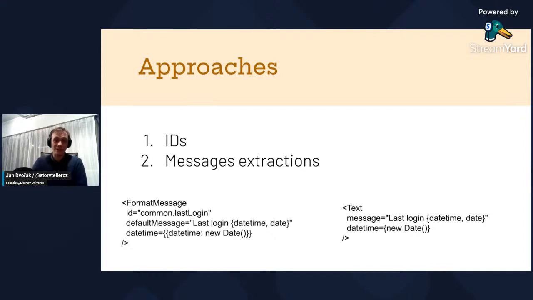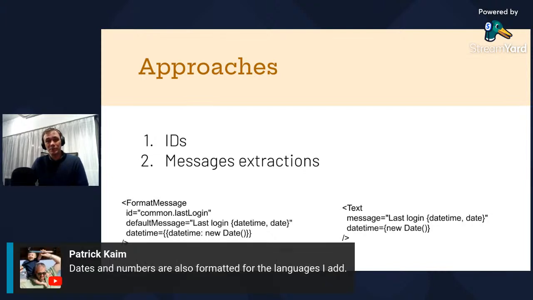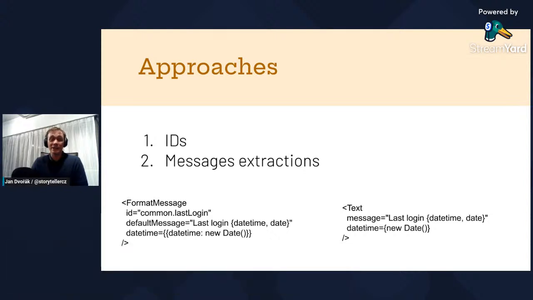So for example, here we see that we have an ID, common.last login. We have a default message to display if that ID is missing for some reason in the translation file. And then we have, though in this case I have it wrong, it should be values. And in there I have date time, which will then be put into date time. And since it's also a date, it will be displayed here as a date. I'll cover that a little bit later.